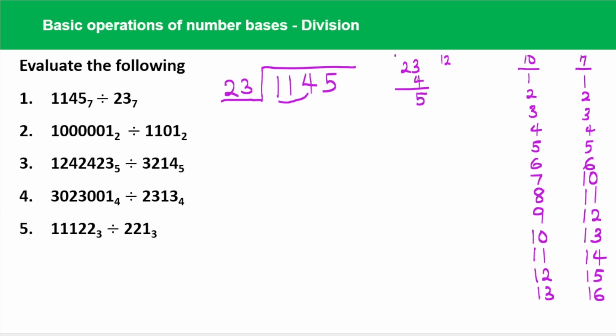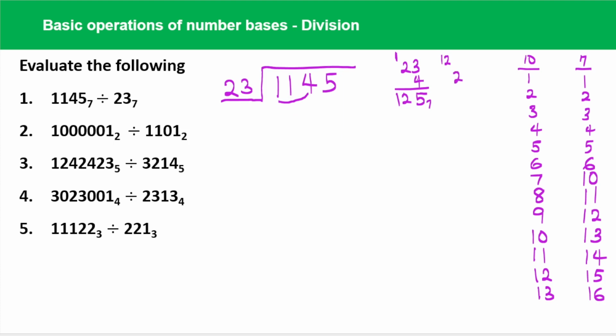We write the remainder of 5, we carry 1. 4 times 2 is 8 plus 1, that is 9. 9 in base 7, that is 1 2. So we have 1 2 5 base 7. So we can see here 1 2 5 base 7 is greater than what we are trying to divide, that is 1 1 4.